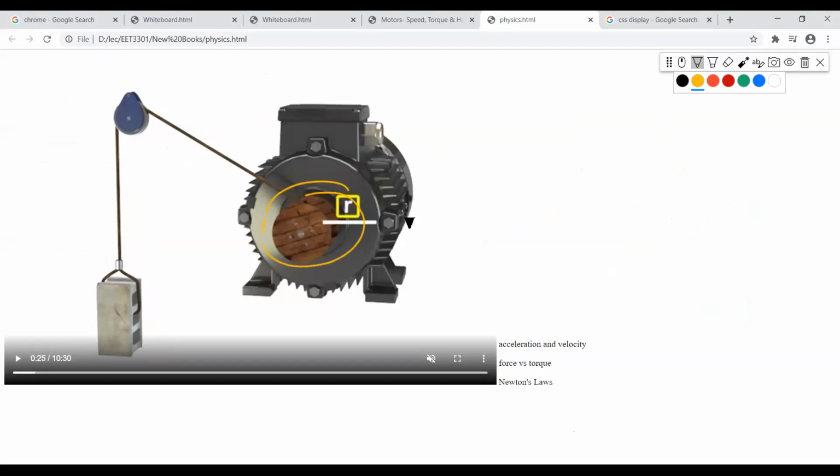The pulley, right? So when you look at the pulley, what you have is something like this, right? And inside, right, this is a pulley.